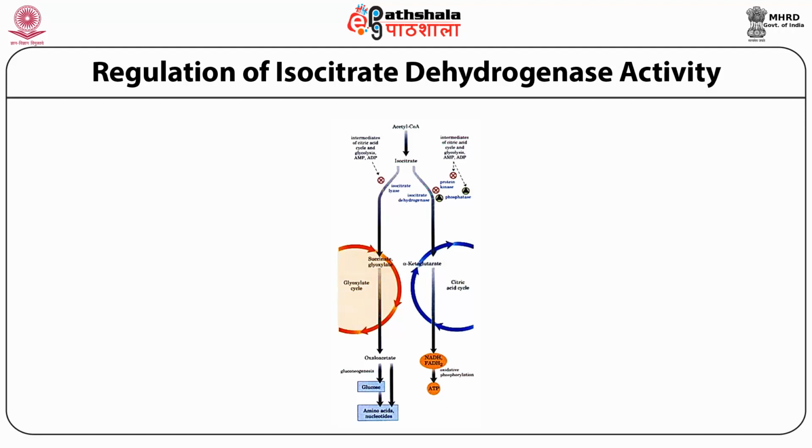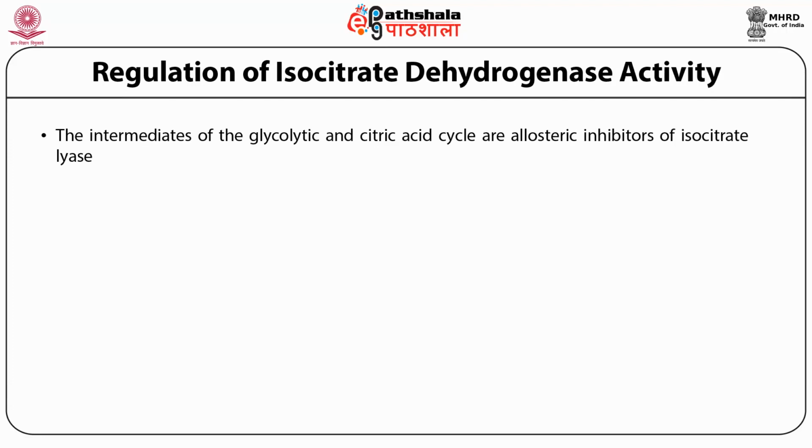A phosphoprotein phosphatase removes the phosphate group from isocitrate dehydrogenase, reactivating the enzyme and sending more isocitrate through the energy-yielding citric acid cycle. The regulatory protein kinase and the phosphoprotein phosphatase are separate enzymatic activities, but both reside in the same polypeptide.